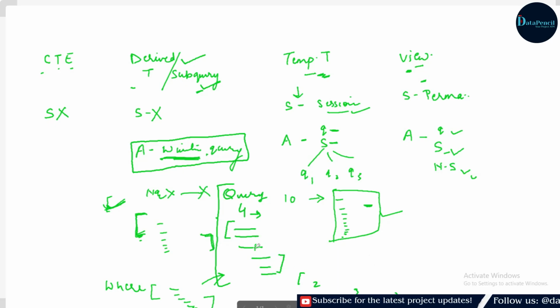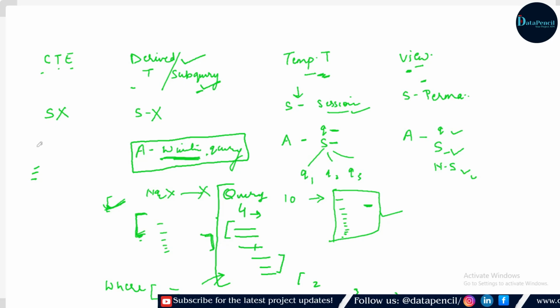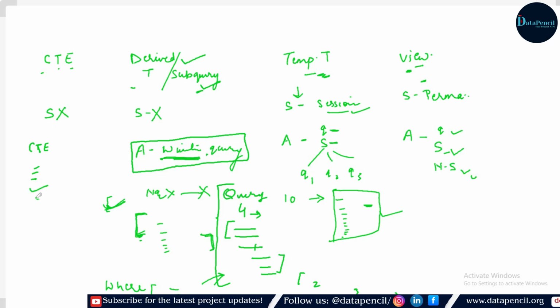Now this can be solved with the help of CTE. It means CTE basically makes our work shorter. If we have created a table using CTE and there is a need to use that table again and again, then there is no need to write the entire set of code.